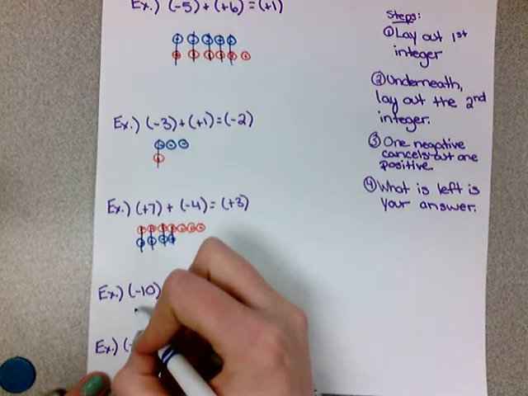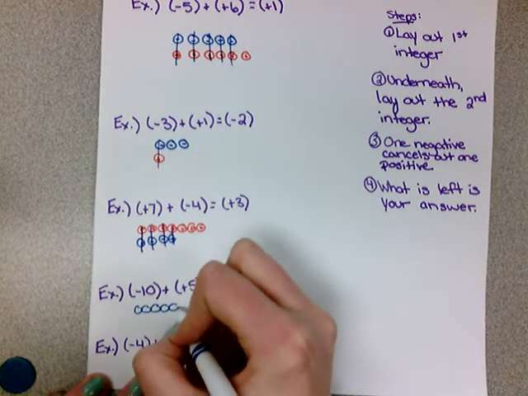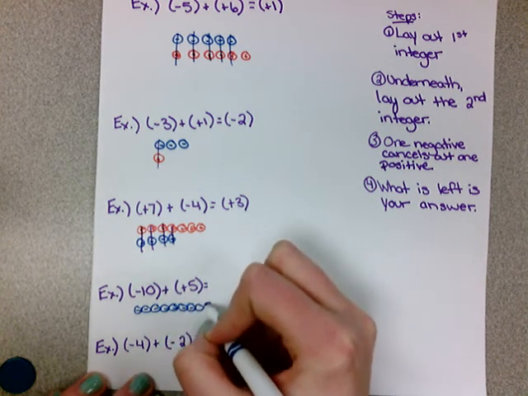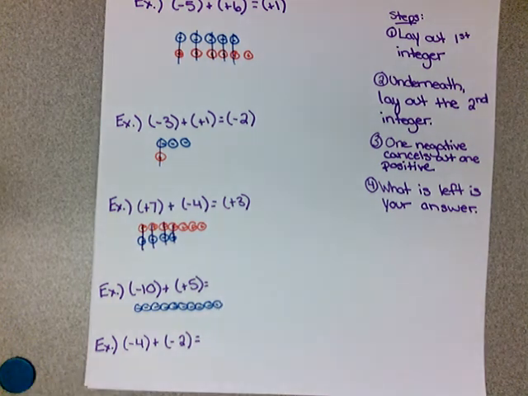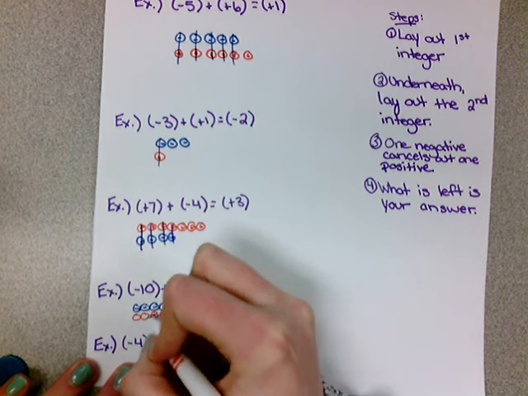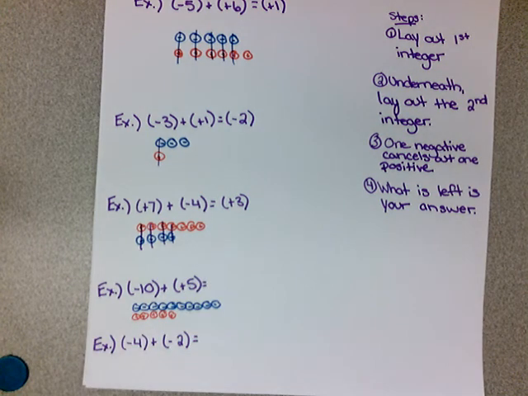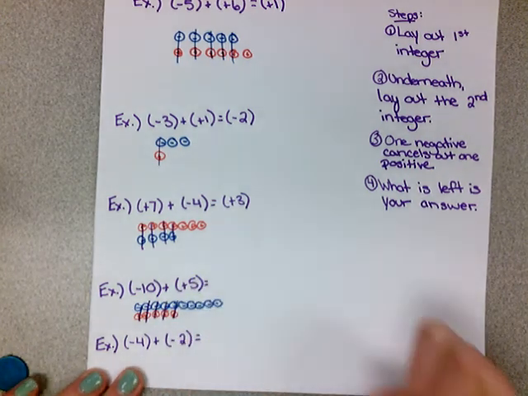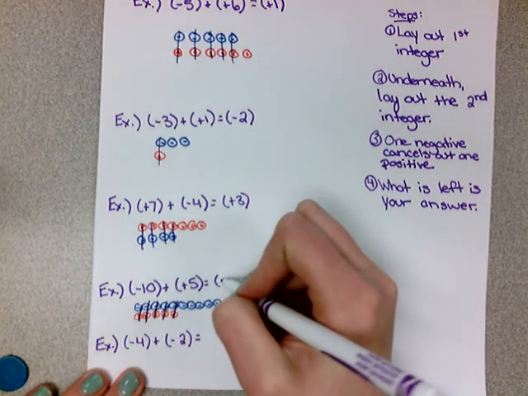Then the next one, we have -10. There's our -10 counters. We're drawing in +5 underneath. We see how those cancel each other out, and we're left with -5.